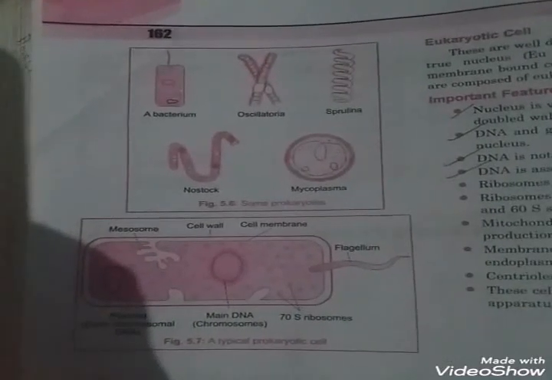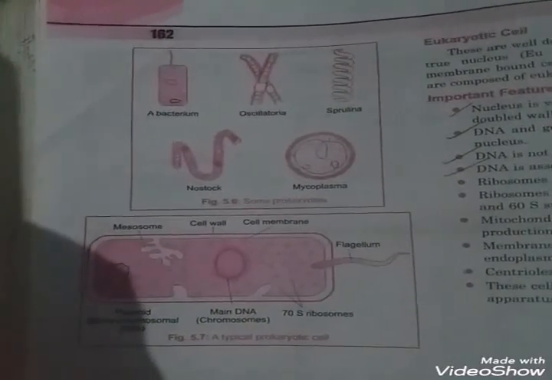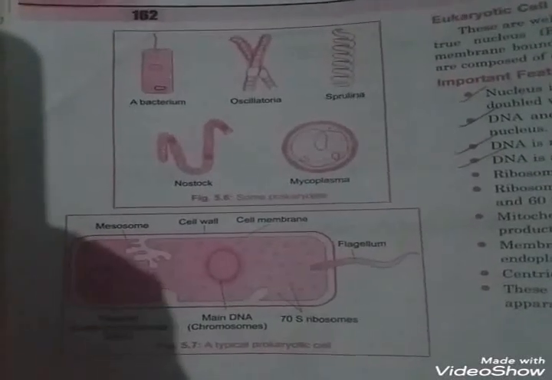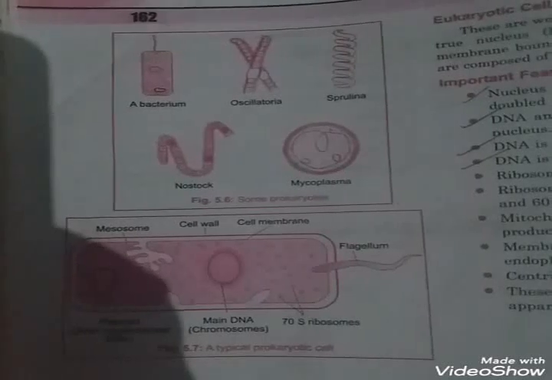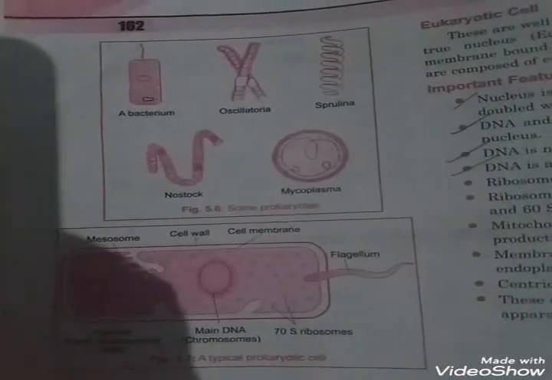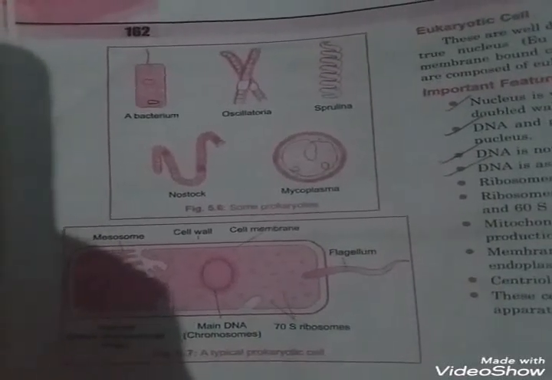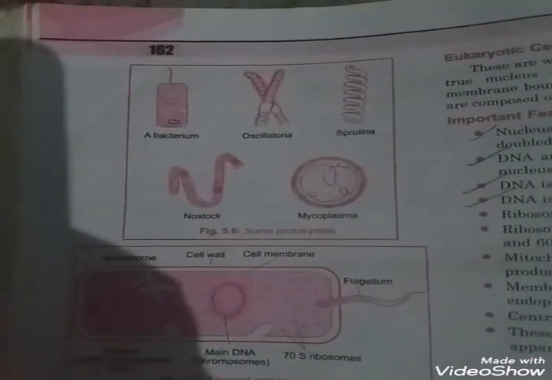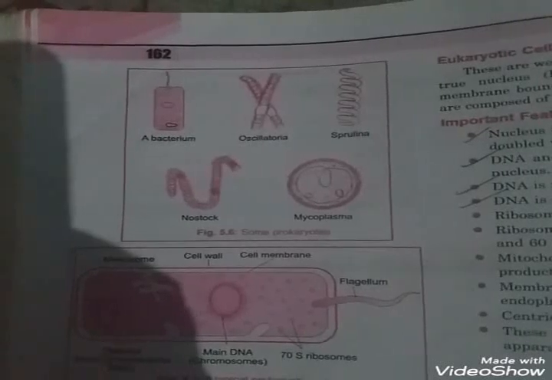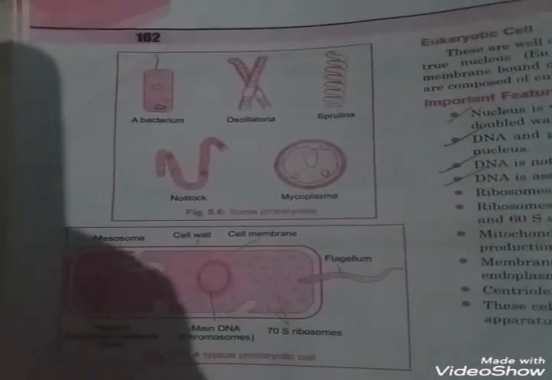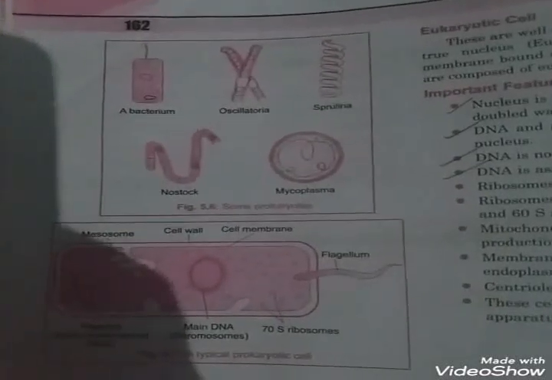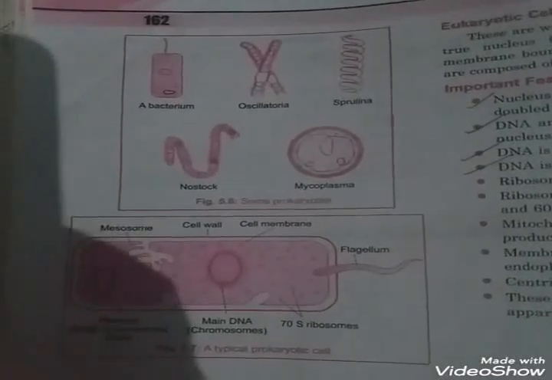Here we show the structure of a typical prokaryotic cell. Some primitive or prokaryotic cells are bacteria, Oscillatoria, Nostoc and Mycoplasma. Here is a typical prokaryotic cell like bacteria.